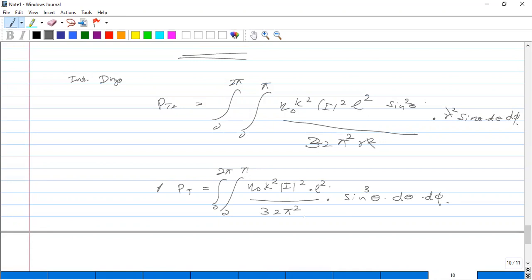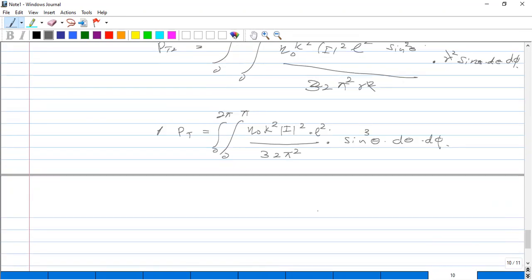So this integral you have to do. You can see that this integral is very easy because there are no phi terms here. But when you are going to find d theta, you have to evaluate sine square theta, sine to the power 3 theta d theta from 0 to π.